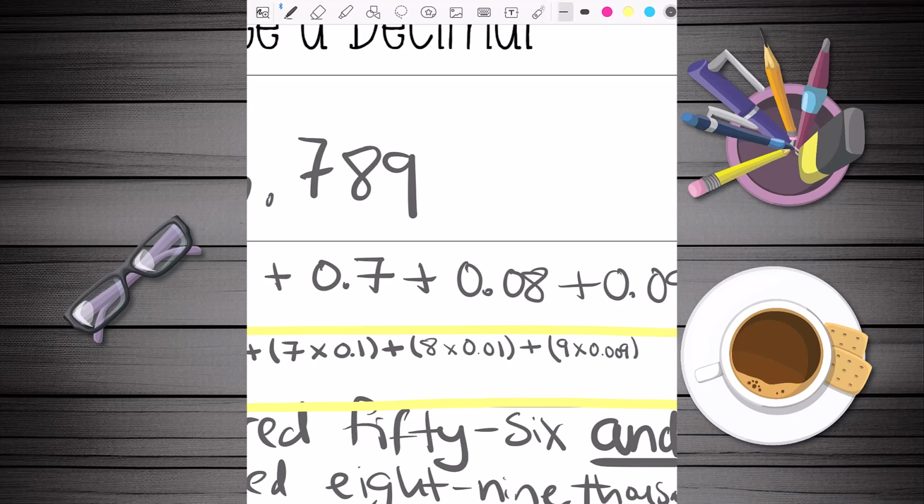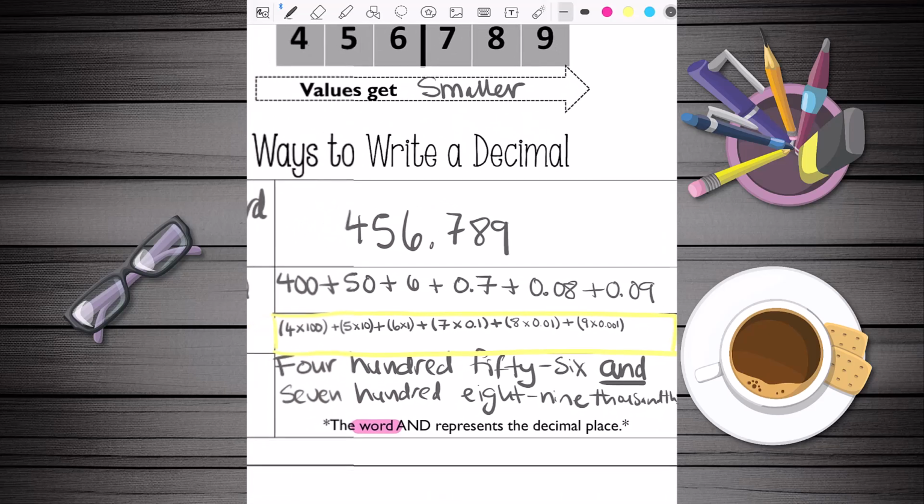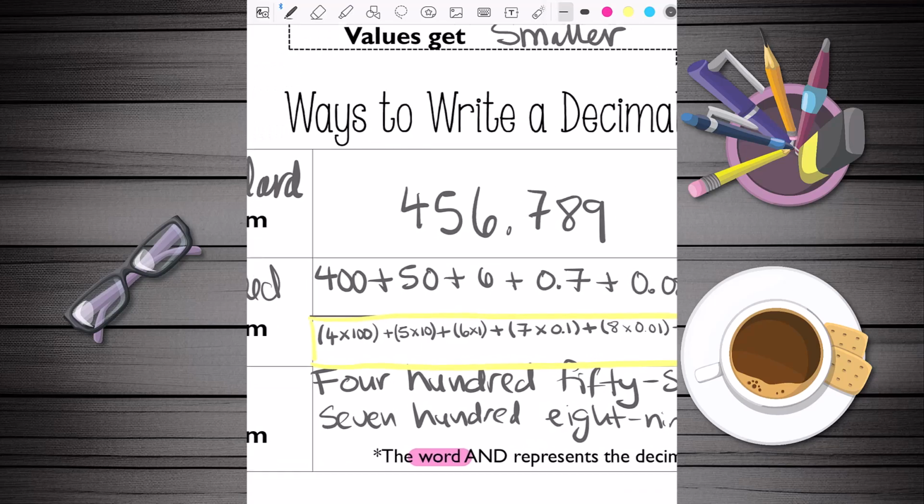Nope, that's wrong too. There we go. I was in a bit of a hurry when I made this. Let's try and make it a bit neater. All right, that's why we usually write in pencil when we're doing our notes.